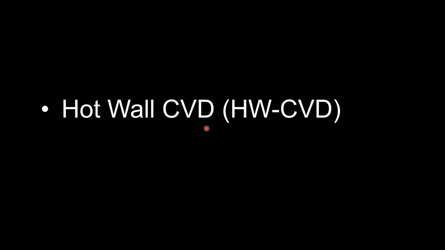Dear student, in hot wall CVD process, the chamber is heated by an external power source, and the substrate is heated by radiation from the heating chamber wall. So with hot wall CVD process, the reaction chamber is heated externally. Usually different types of IR lamps are used to heat this kind of CVD reactor, and the substrate is also heated.